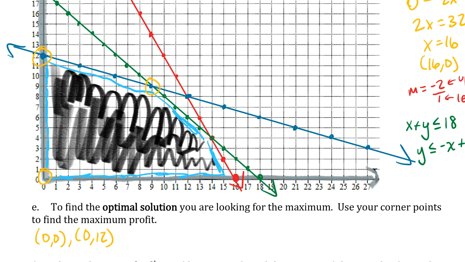We have (9, 9). We have (14, 4). And lastly, we have (16, 0).